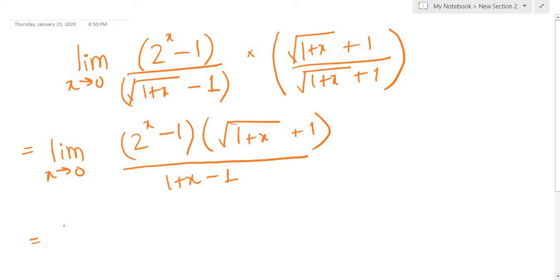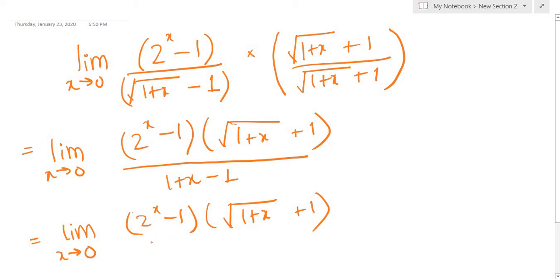And let me just clean up the denominator for you. (2 raised to x minus 1) times (square root of 1 plus x plus 1) all over x.